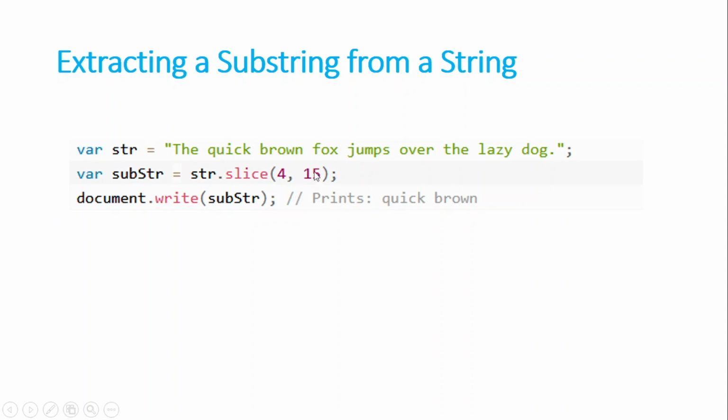So that's why it provided this 15 index, where to stop the extraction. So quick until this n, which is the 15th index. Then it returned quick brown, and then it is logging this out or document.write this variable. So then we will get this quick brown, which is a part of this string we got from this str.slice method.